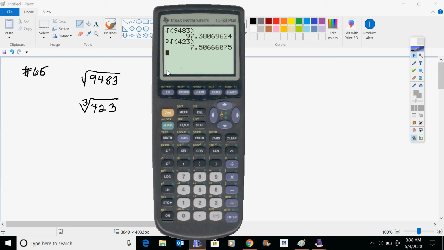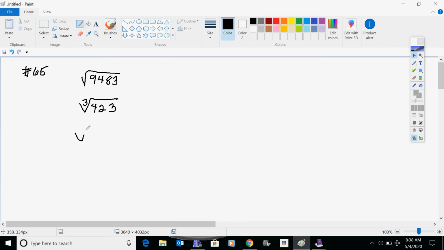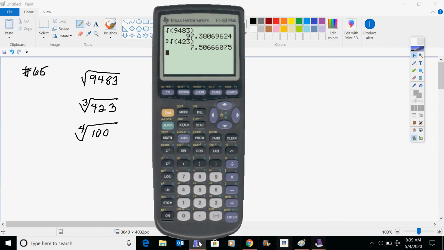And then there was one that was the fourth root, which is an interesting thing. If you're doing the fourth root of 100, in order to do that, you have to actually say, I want the fourth, and then you have to put the root, here's a 5, of 100.